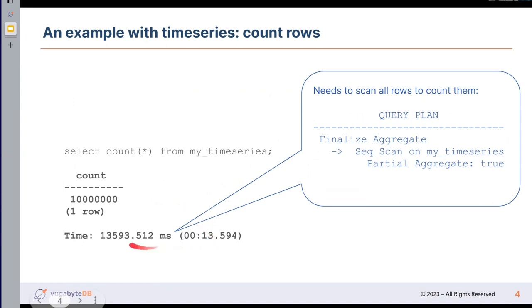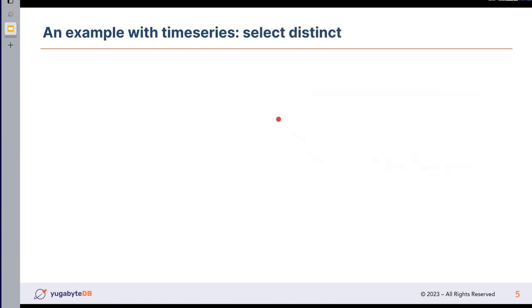So in this example with 10 million rows, the count takes 13 seconds because it has to scan all the rows. Even if we can see partial aggregates pushed down to the storage, all nodes are counting their rows, but they still have to look at all of them.